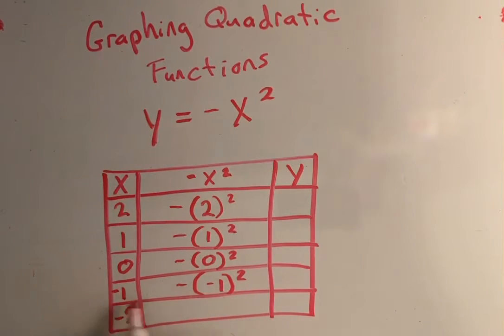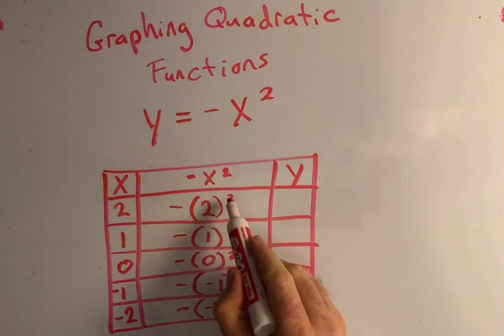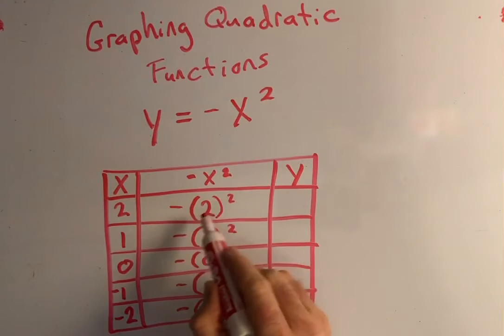Be mindful that this is negative 1, and then there's a negative 1 inside the parentheses, so it's a negative 1. And here I have negative 2 squared.